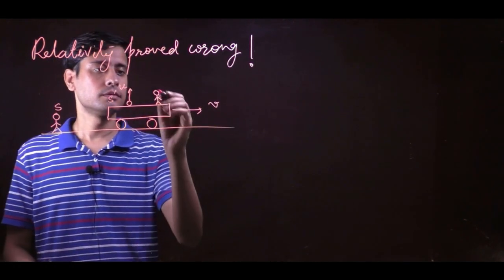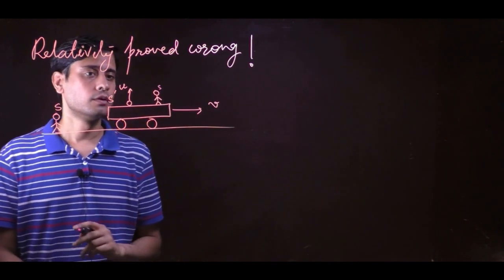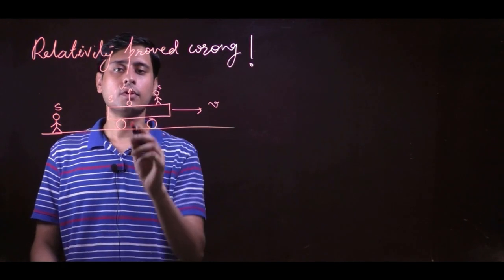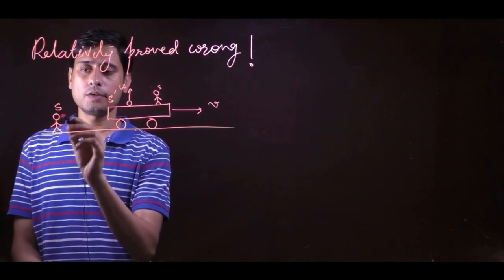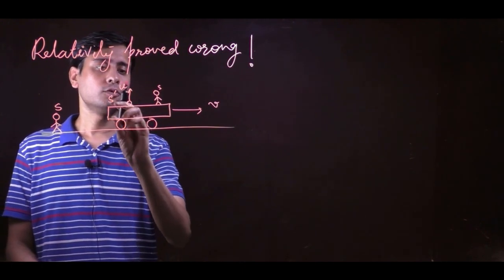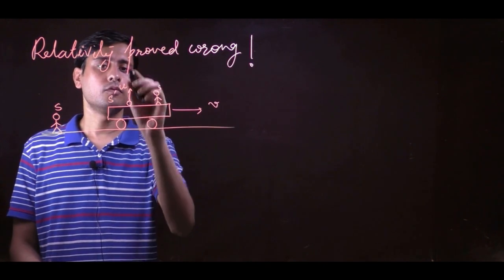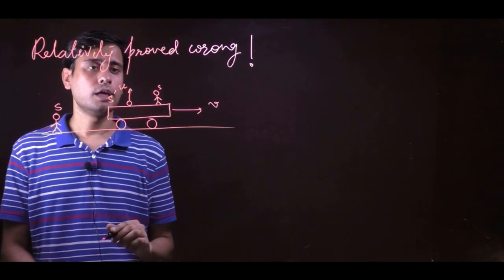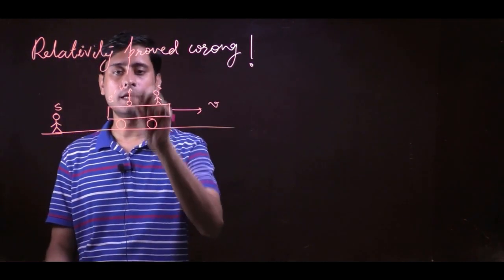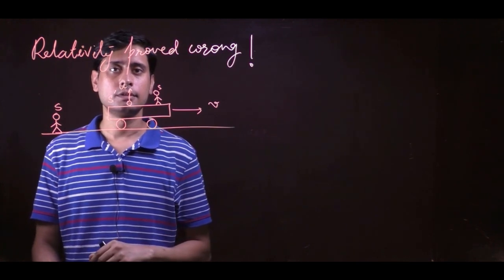In the rest frame of this S observer, he will notice that the ball is going with an upward velocity u, but for this observer he will say that the cart is moving with a speed v and the ball is moving with a speed u. So we have to calculate the resultant velocity, because as this ball detaches from the cart, it is already having that velocity.